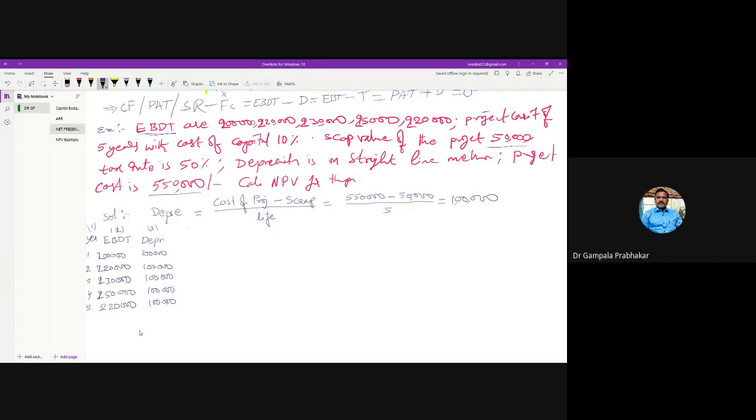Therefore the fourth column would be earnings before tax.